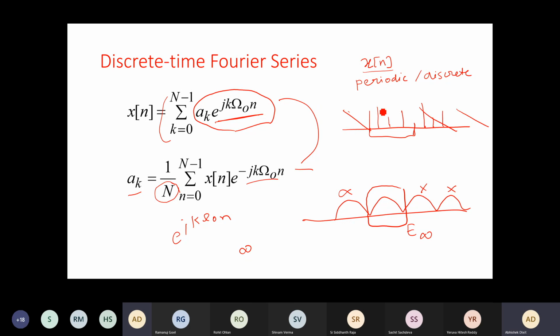And how many samples do you have in one period? In this case, you have 3 samples. That means if you can communicate these 3 samples to someone, you are transmitting the complete information about xn.